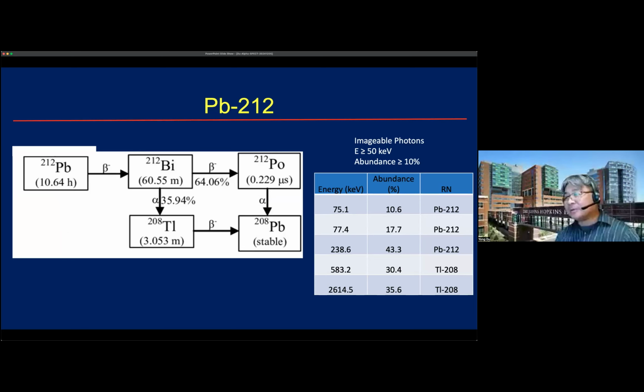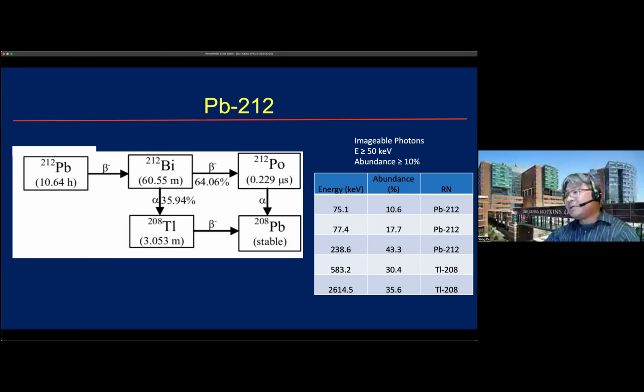So that's one disadvantage of lead-203. Again, there are peaks showing what we can image, and there's a 70 keV peak, close to 80 keV, that can be overwhelmed by the light X-rays, and also there's a 230 keV peak that has good abundance, but it has very high energy, about 30%, that can degrade image quality.